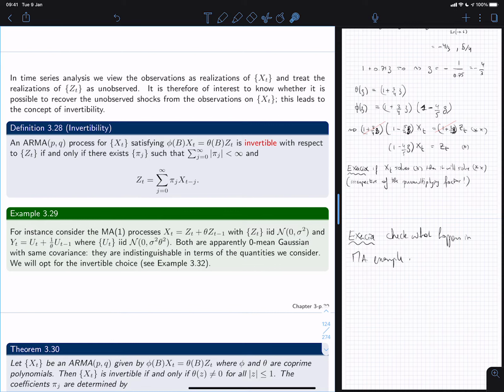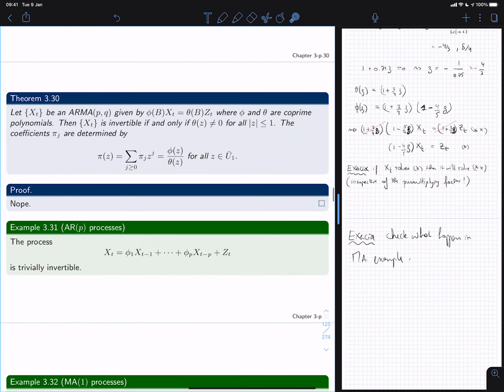Well, not even. Depending on the value of the parameter here, we will sometimes prefer to use this one or this one, in which case we are able to invert the equation and express the Zts in terms of the Xts. And the conditions on the parameters of your polynomial which give you invertibility are basically the same.